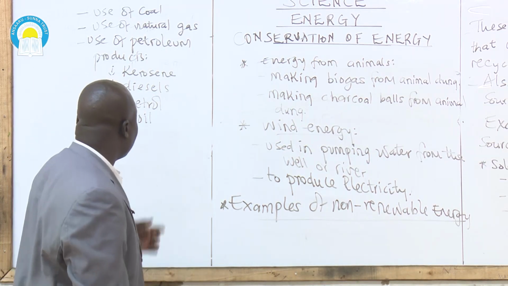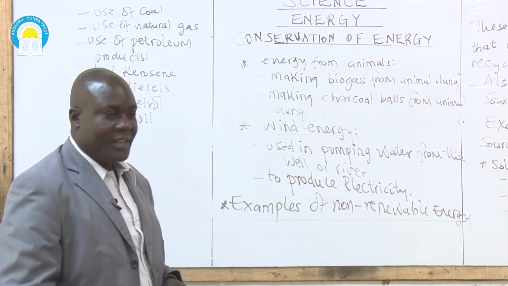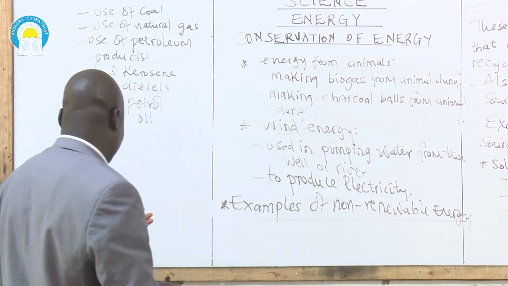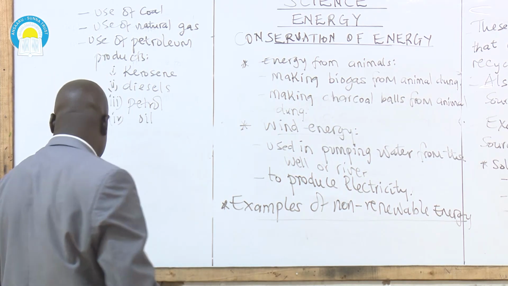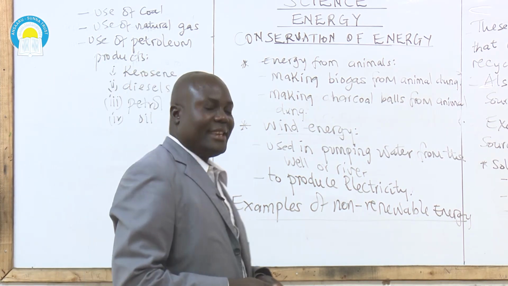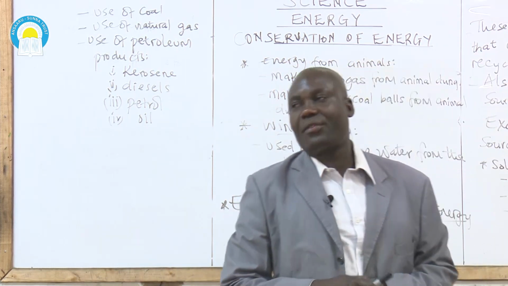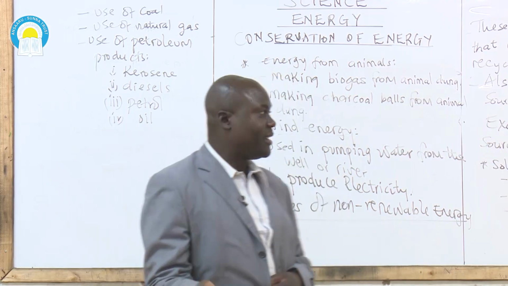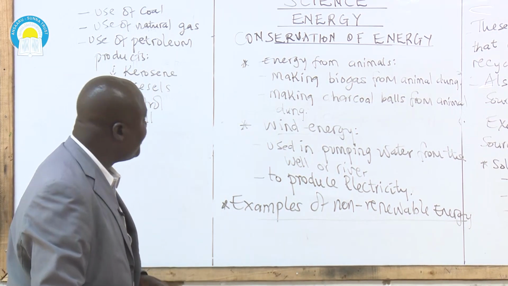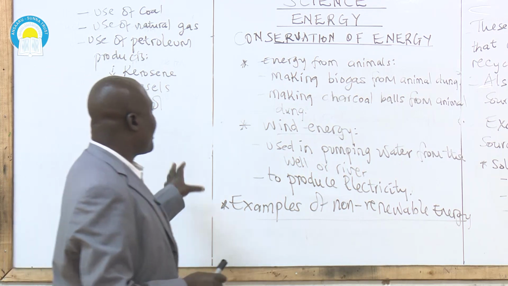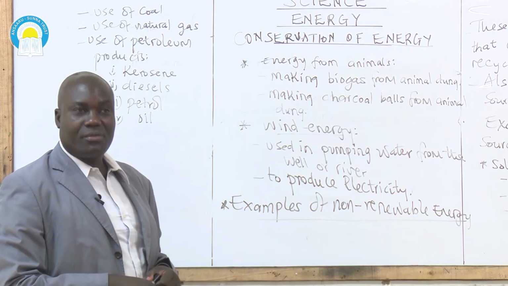So those are the examples of conservation of energy. As I've said, it has been brought up in KCPE, like in 2010, question 28, which was about which of the following is the best way of conserving energy. This topic is very important from class 8, as I said the other time. Since 2009 up to 2019, we have had 15 questions.